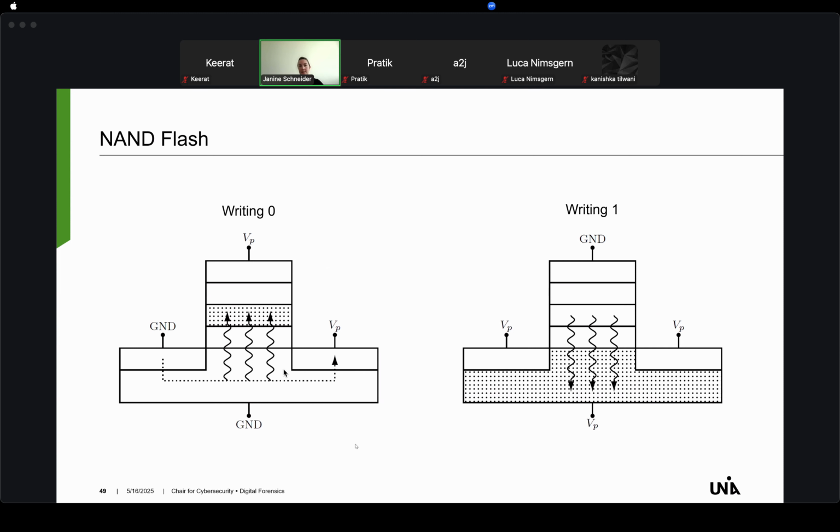This is, let's say, the neutral state of the cell. And to change that, you need a hot electron injection, and you have to make the electrons travel to the floating gate. And this is what causes the wear out, because this is the normal state, if you want to call it like that. Nothing happens here. But with the hot electron injection, something happens there, and this causes other effects.